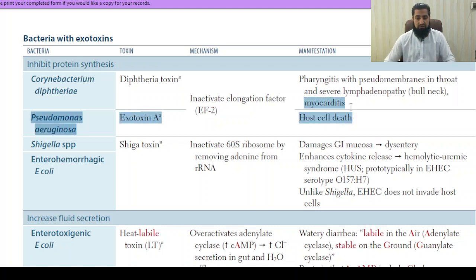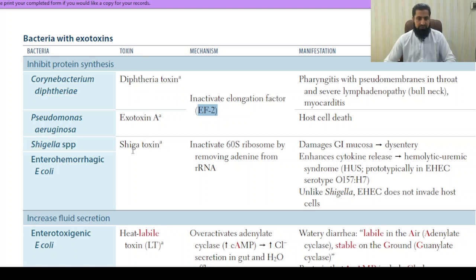It can also cause myocarditis. In Pseudomonas aeruginosa, the exotoxin is exotoxin A. This also inactivates elongation factor 2, and the manifestation is host cell death.